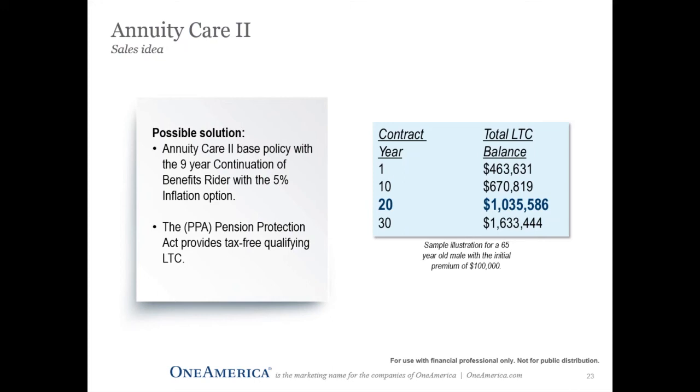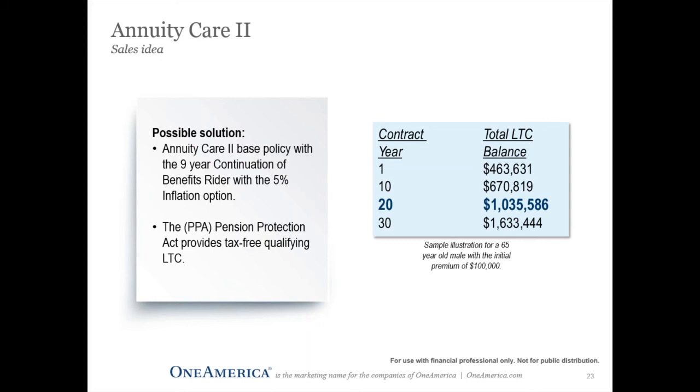But we're also going to use the 5% compounded inflation protection rider that's offered with Annuity Care 2. So here's how this works out. You can see the numbers on the right side. In the first year, our total LTC balance is not quite 5.5 times. Because of this inflationary piece, it's actually about 4.6 times.